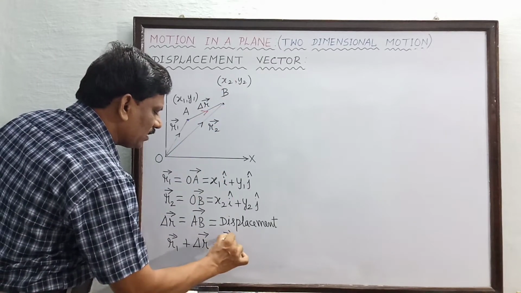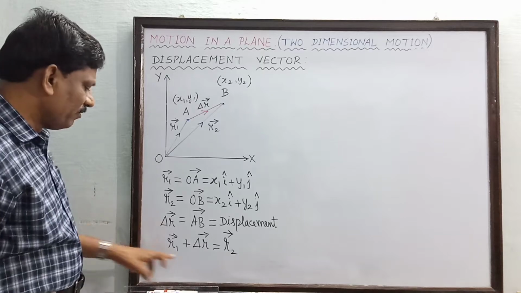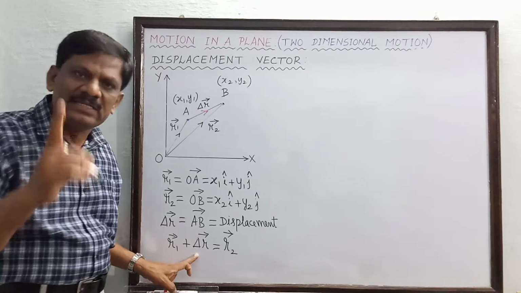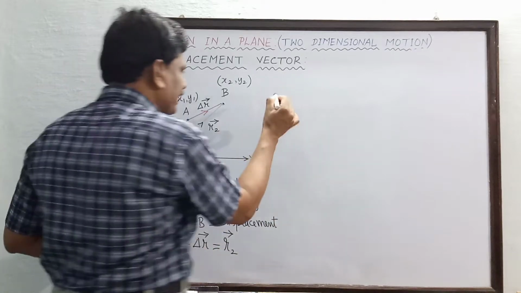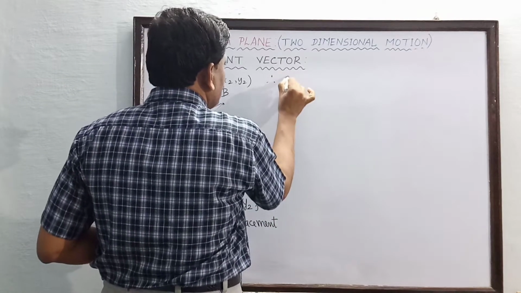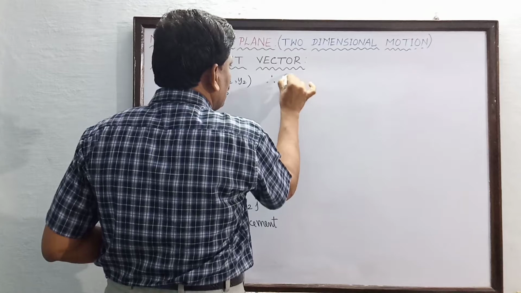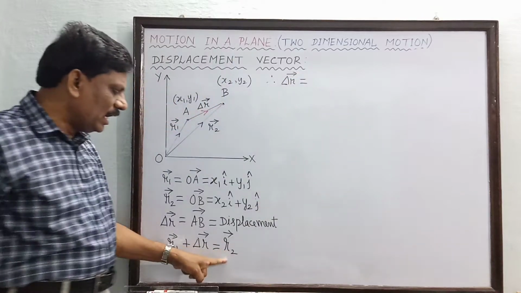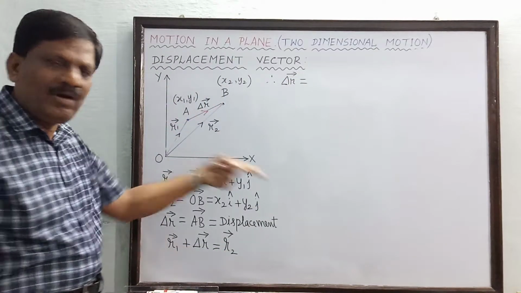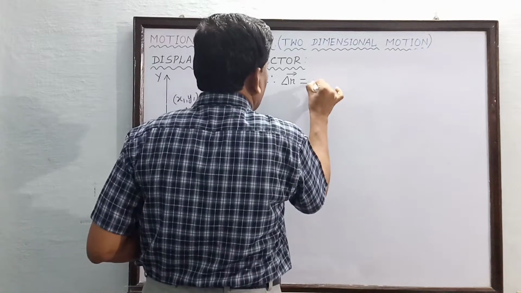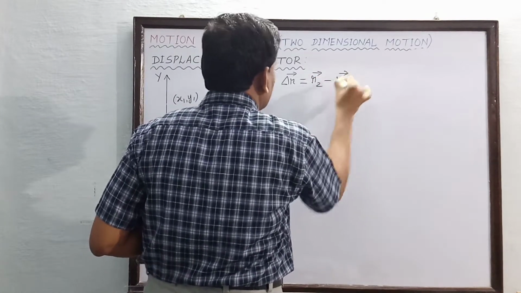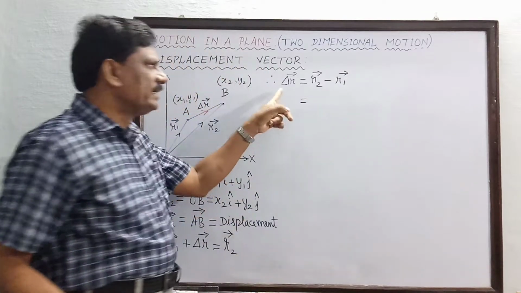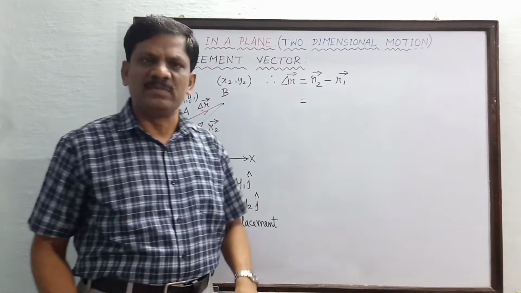Therefore delta R vector is equal to R2 vector minus R1 vector. This delta R vector is called the displacement vector.